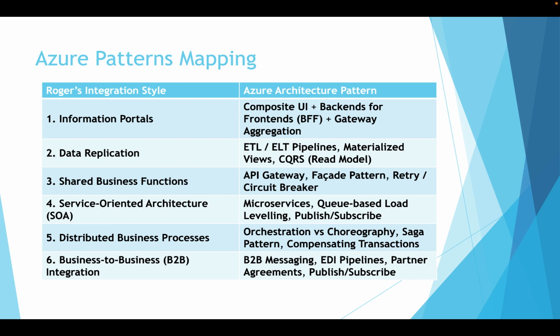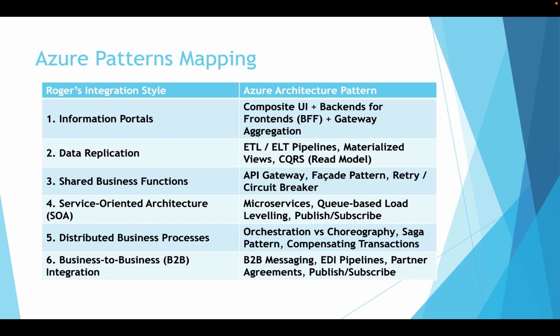Okay, so now we have talked about different styles. Now these styles map to our current patterns. If I look at the information portal, it is very much equal to composite UI, or backend for frontend, or gateway aggregation. So we combine these things to implement the information portal style.